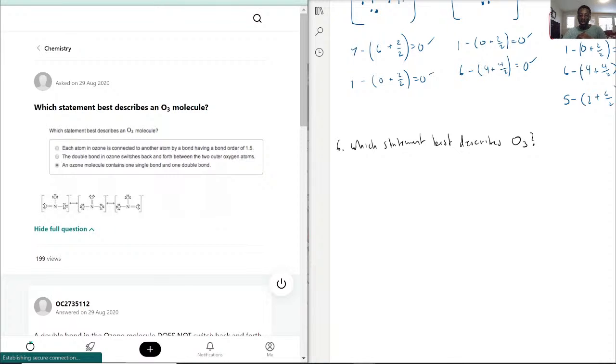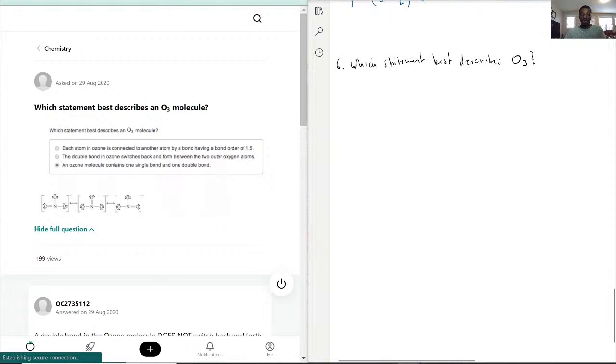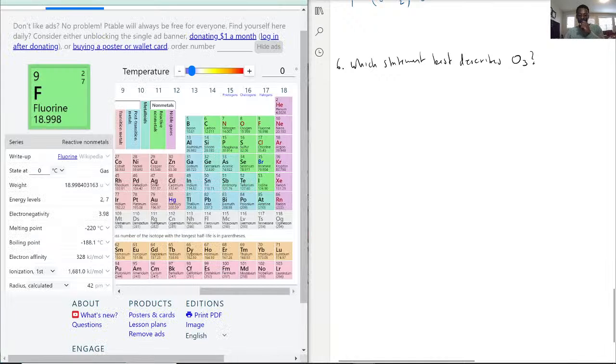So, with this being said, the way to tackle this question is to first understand what ozone is by drawing this Lewis dot diagram. So, oxygen is the 8th element.